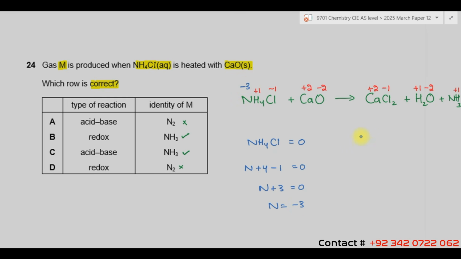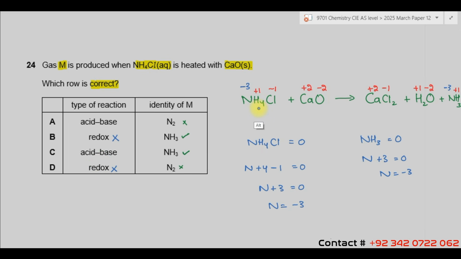In ammonia, overall charge is 0. We have 1 nitrogen, 3 hydrogens, so nitrogen is -3. So we can see there is no change in oxidation state of any atom, so it is not a redox reaction. It must be acid base. Now let's see, we have ammonium.